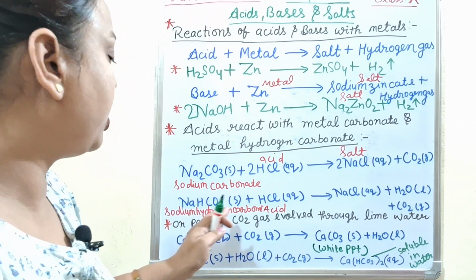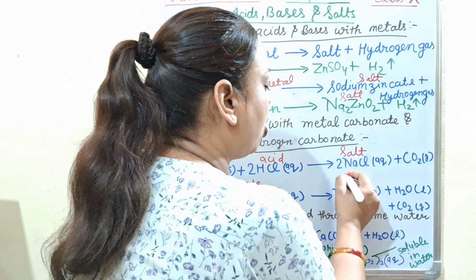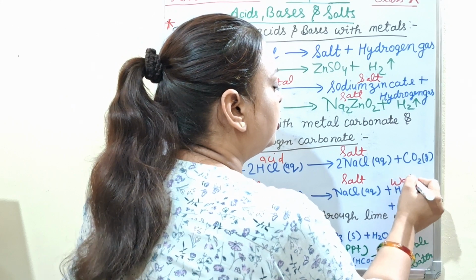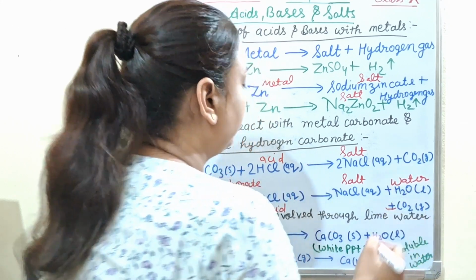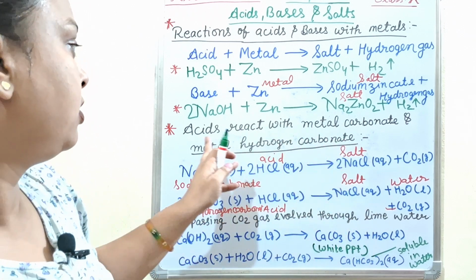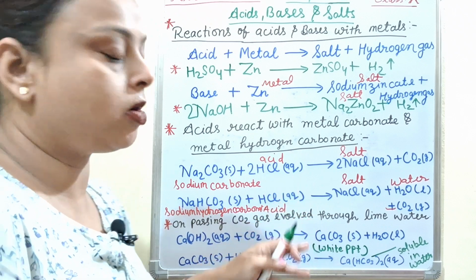So when sodium hydrogen carbonate reacts with acid, it again forms salt plus water plus carbon dioxide. So these are two types of reaction where acids react with metal carbonate and metal hydrogen carbonate.